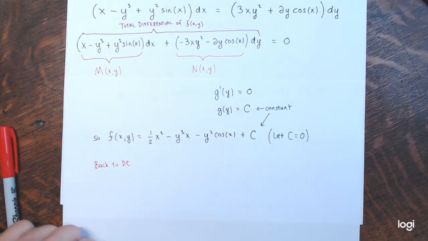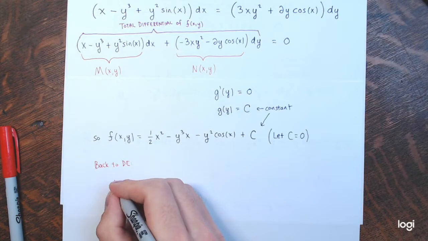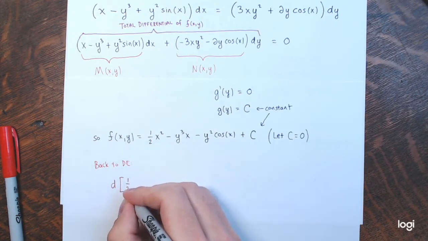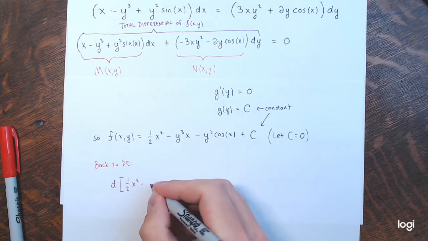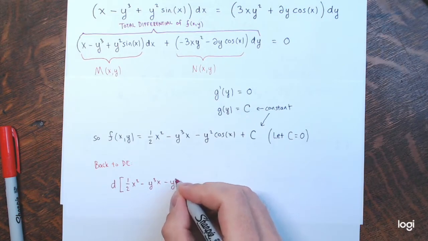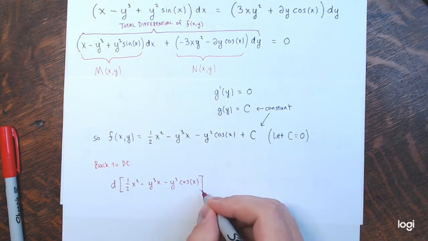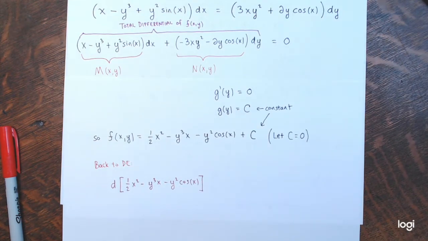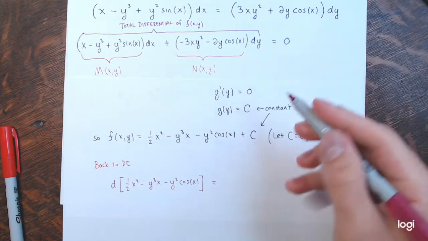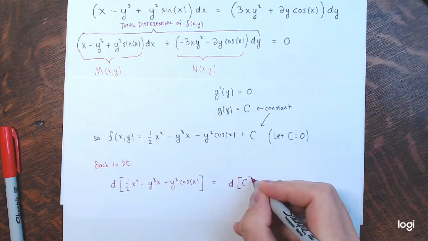The left side is now the total differential of this function, 1/2 x squared minus y cubed times x minus y squared times the cosine of x. And again, you can put plus some constant there because it'll just disappear when you take the differential. And then the right side, 0, is again just the total differential of some constant. And again, I'm going to use c to represent a constant.